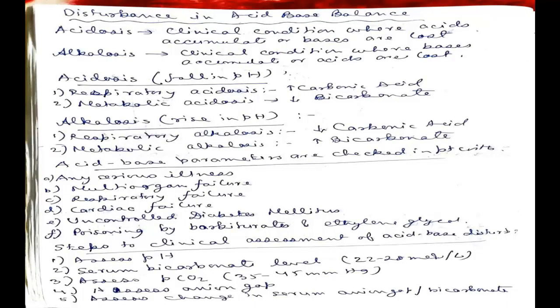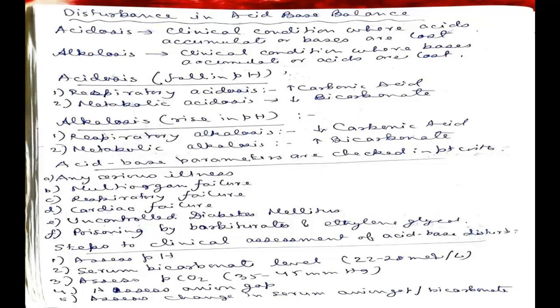Next topic is disturbance in acid-base balance. As we all know, acidosis is a clinical condition where acids accumulate or bases are lost. Alkalosis is a clinical condition where bases are accumulated or acids are lost. Acidosis may be respiratory acidosis or metabolic acidosis.